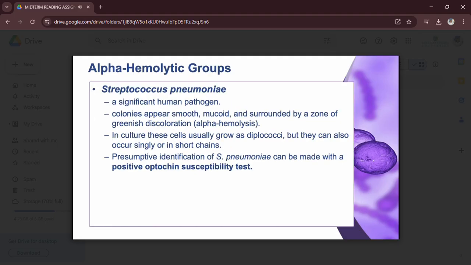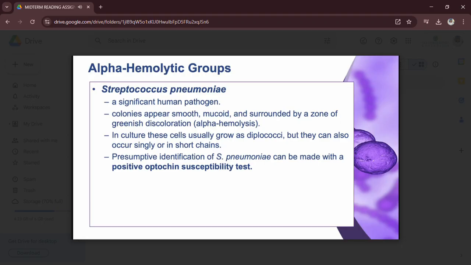Moving forward to your alpha hemolytic groups, under this we have Streptococcus pneumoniae. This organism is the causative agent of bacterial pneumonia. It can cause meningitis as well as otitis media, which is an ear infection commonly found in children. It normally colonizes the pharynx, but in certain situations, it can also spread to the lungs.